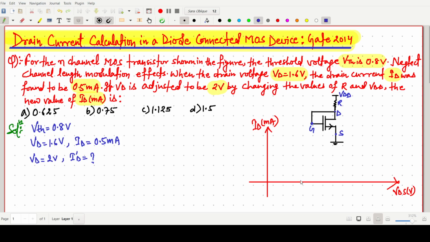If we plot the characteristic curve, it has somehow this type of structure. This value will be VGS minus VT, and this region is the saturation region. Channel length modulation lambda is 0, and this region, up to here, is the linear one.